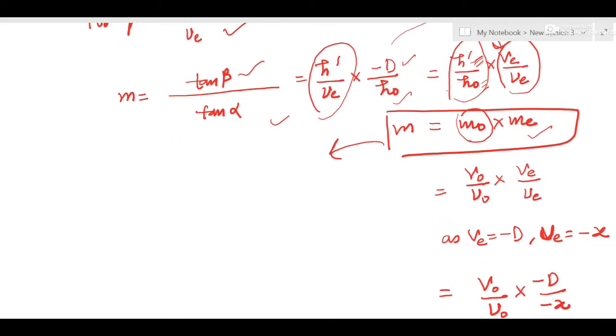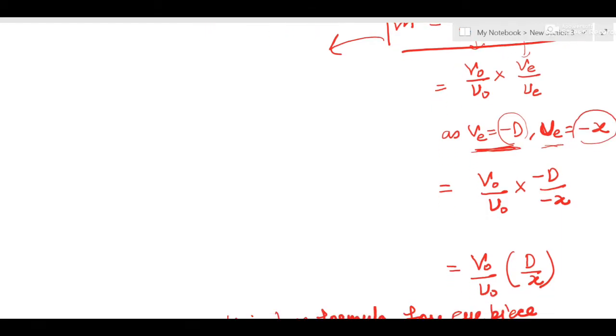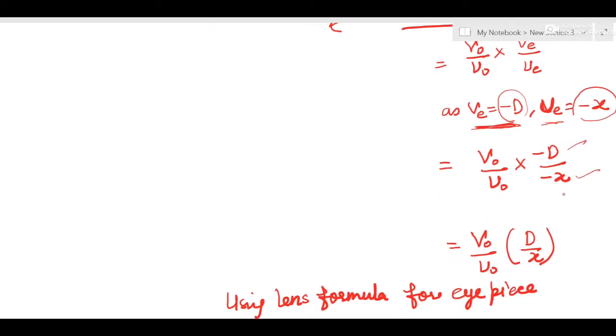Now we are opening this using the lens formula, magnification formula V by U. So V0 by U0, and similarly ME can be opened as VE by UE. Now V0, so many times we have used in this case that the final image, that is V by the eyepiece, is formed at least distance, so it is minus d, and UE is minus x. Please substitute minus d by minus x, this is d by x, so we are ready as it is.